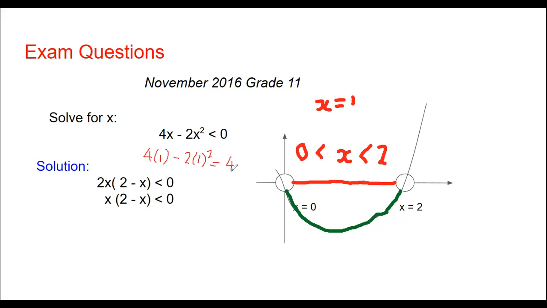And 2 times 1 all squared is just going to give us 2. So you have 4 minus 2, which is equal to 2. And that is something I did wrong here now. That is greater than 0.